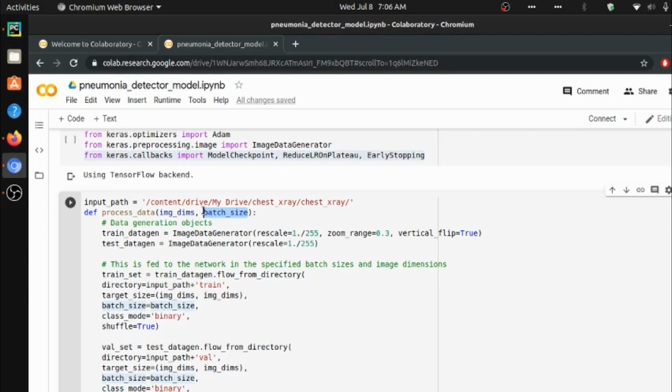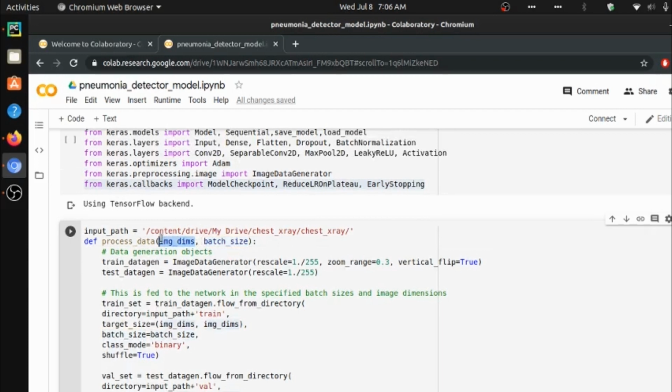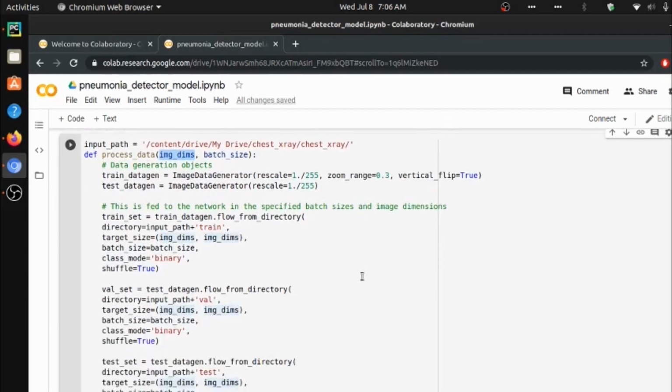Instead, if you give it in batches, it will train with respect to batches, and it will be faster and more efficient for it to learn. And image underscore dims is basically the size of the images that we are taking. Since we cannot take random size images to train our model, we have to provide the images in a consistent format, so we are taking image underscore dims.